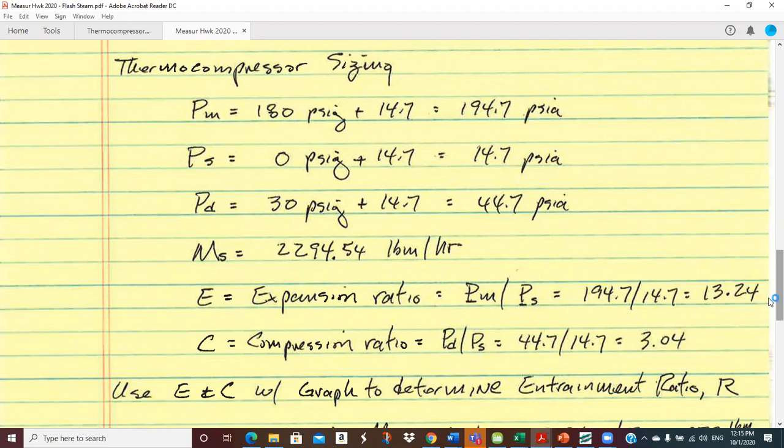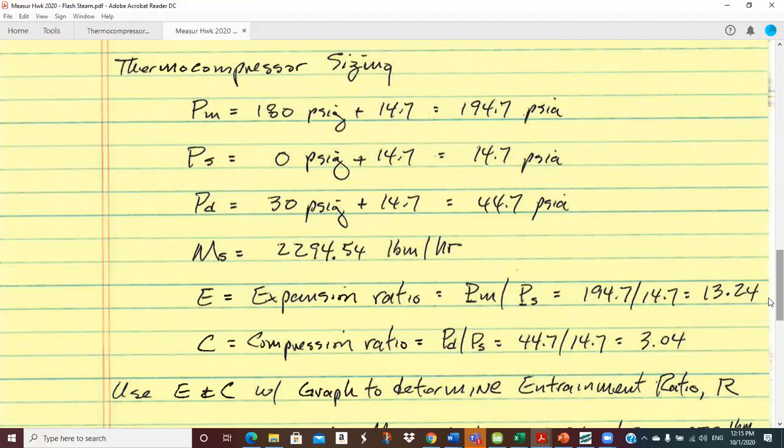And then the discharge pressure, that's what's going to come out the end of the thermal compressor. And in reality, it might be better to run 35 or something, because you're going to have a little more pressure than the header in order to get the steam to flow into the header. But at this point, I just plugged 30 in there. It's easy enough to rework it at 35.